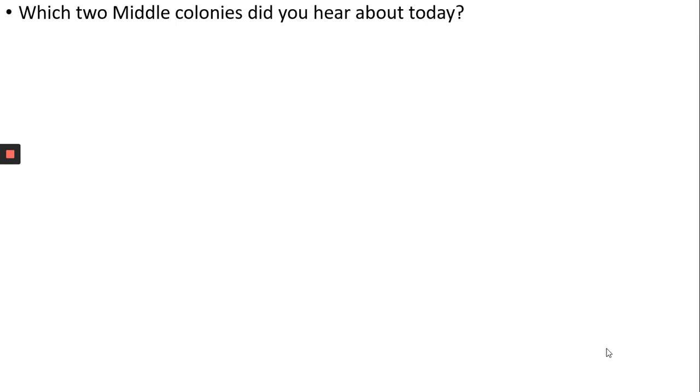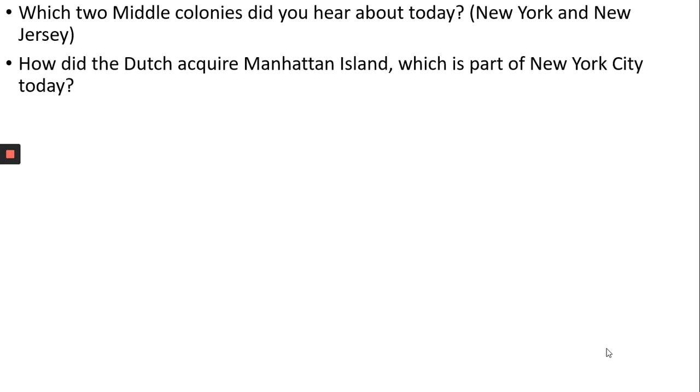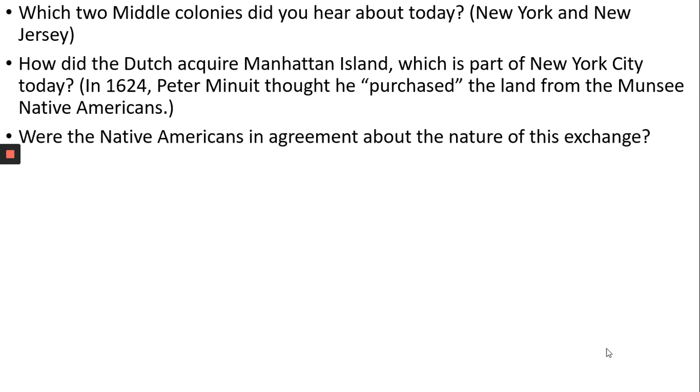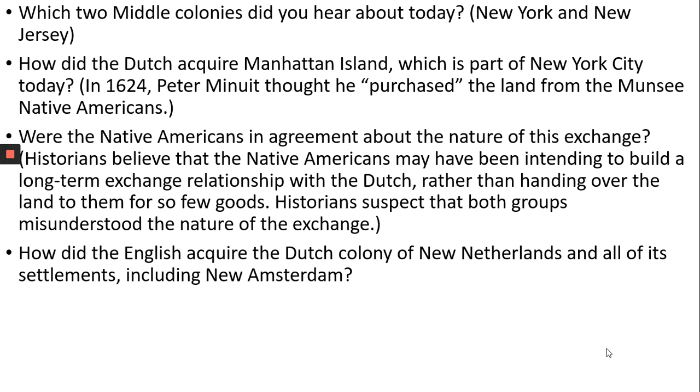Okay, so we talked about two middle colonies today, New York and New Jersey. How did the Dutch acquire Manhattan Island, which is now part of New York? In 1624, Peter Minuit thought he purchased the land. Were the Native Americans in agreement with that? Probably not. Historians kind of disagree on that. They don't really know.